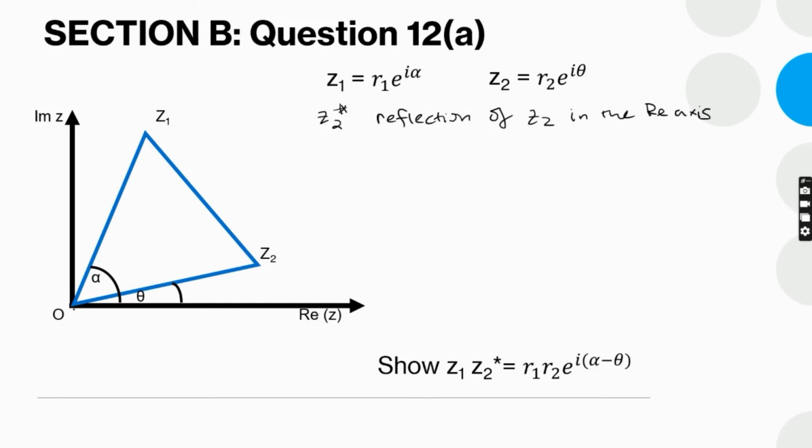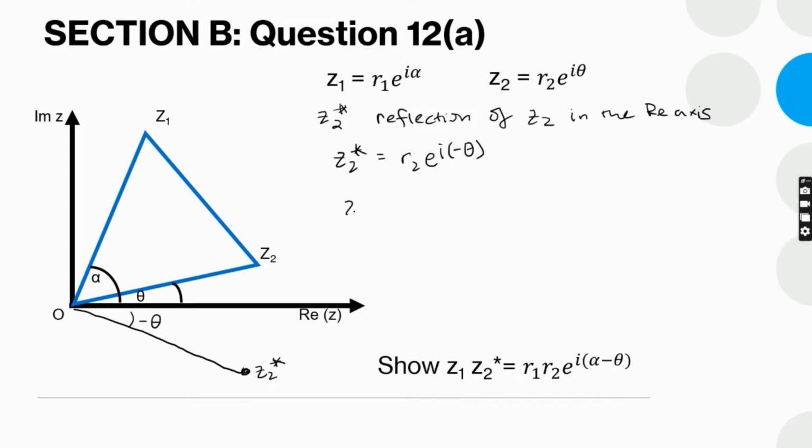Let me demonstrate and represent it on the diagram. You can see right now z2 is being reflected in the real axis, and that gives me z2 conjugate. So the argument now becomes minus theta, but the modulus remains the same. So I can represent z2 conjugate as r2 e to the i minus theta.